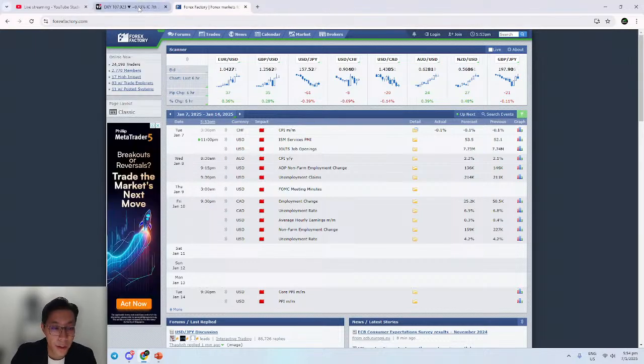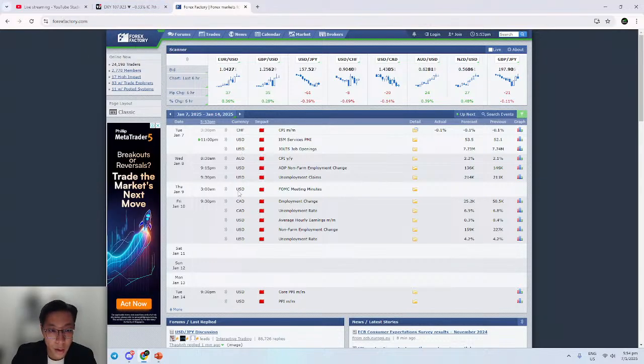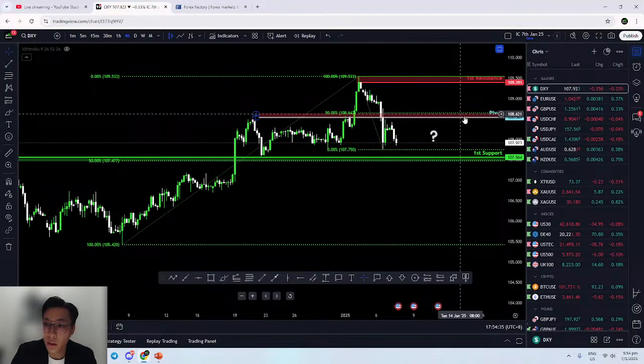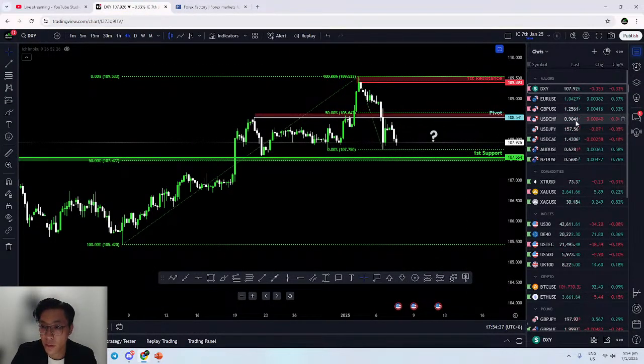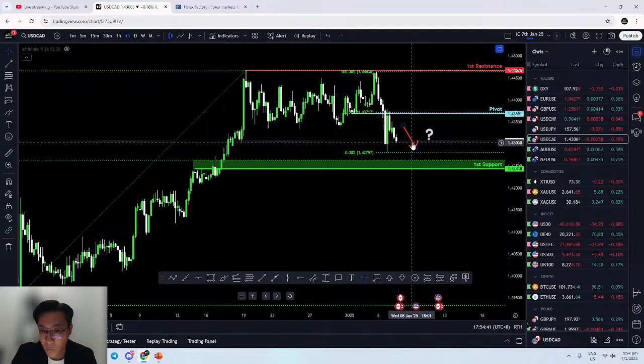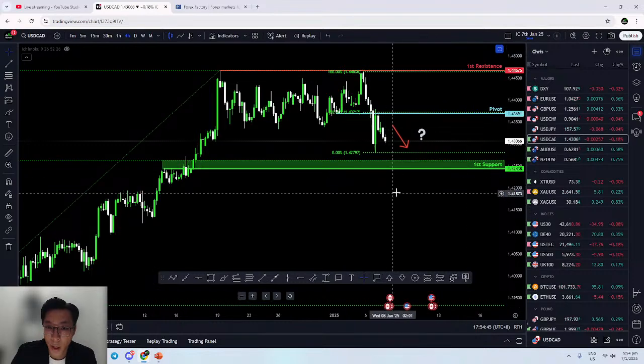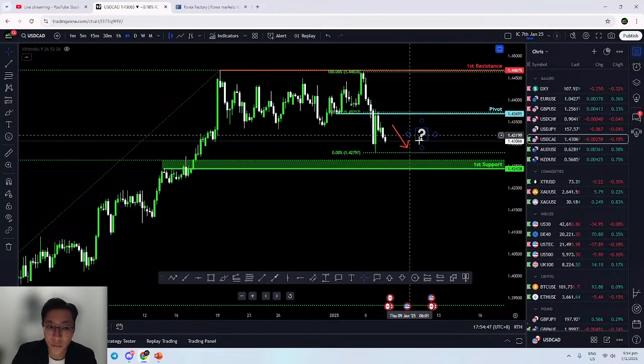So you go back to your charts and take note of USD, AUD, and CAD. Then you note down, for USDCAD, what are some levels that USDCAD might potentially bounce off from.